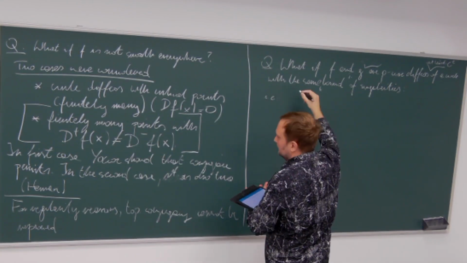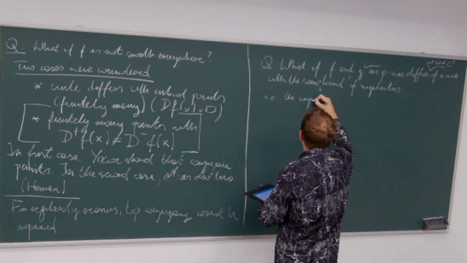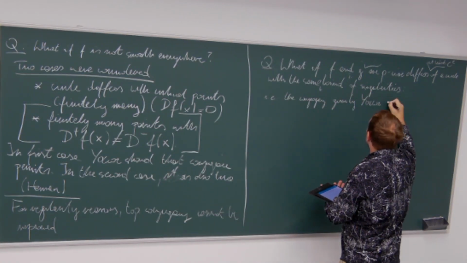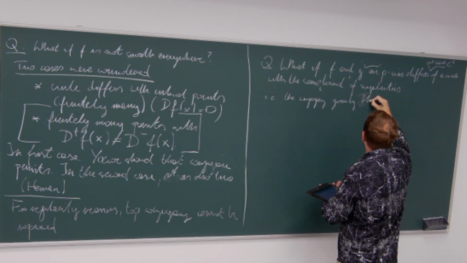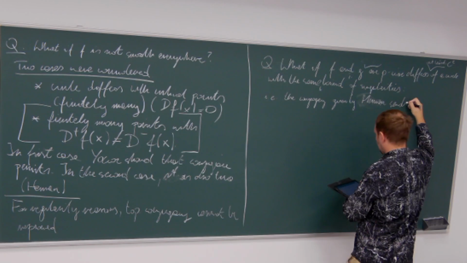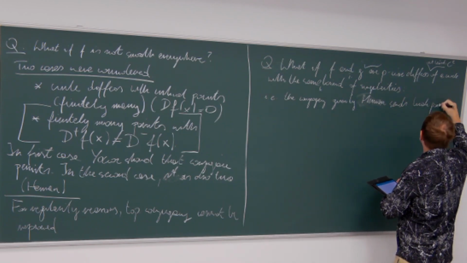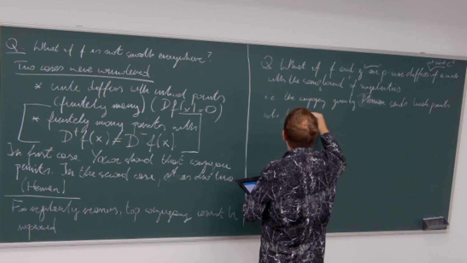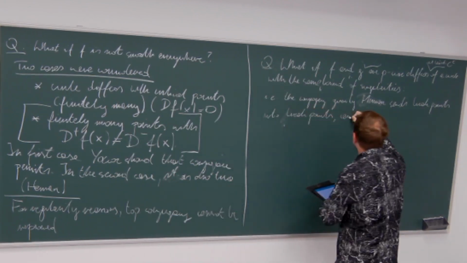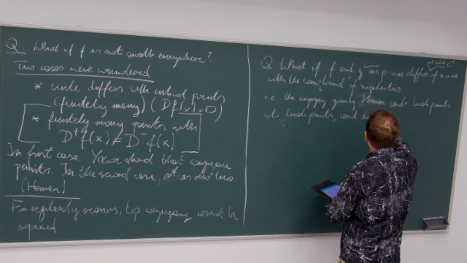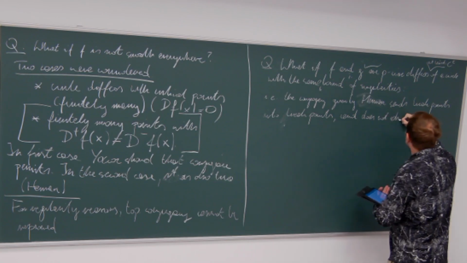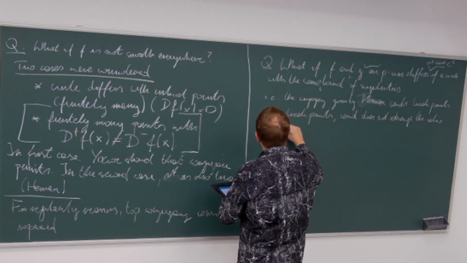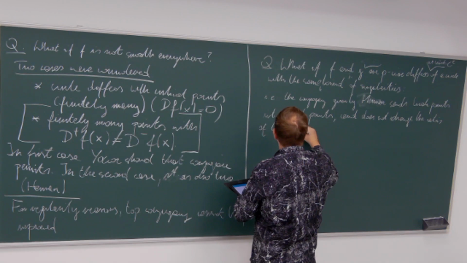So that is, the conjugacy given by Herman sends breakpoints into breakpoints and does not change the ratio of the one-sided derivatives.